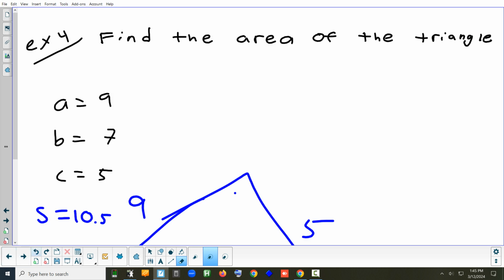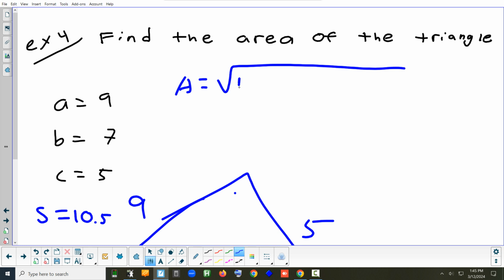So area equals the square root of s times s minus a, s minus b, s minus c. What's 10.5 minus 9? 1.5. What's 10.5 minus 7? 3.5. And 10.5 minus 5? 5.5.